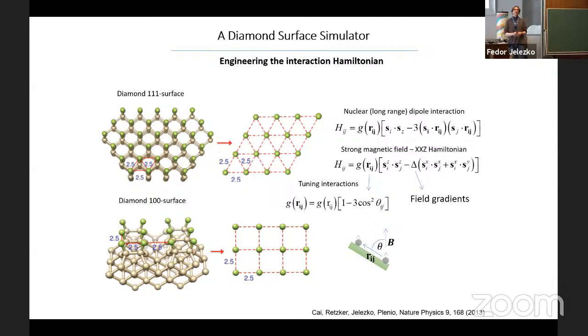And with this, you can model an arbitrary array of spins in different lattices. For a certain orientation of the diamond surface, the so-called 111, you can model a triangular lattice. For 100, it's a square lattice, and all are different and interesting cases.